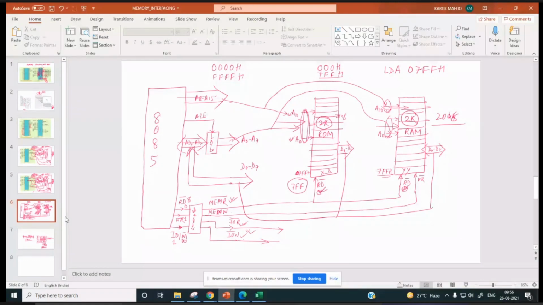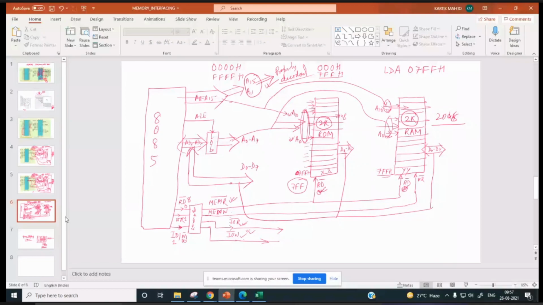And whatever address lines or address pins are not being used, here in this case A11 to A15, these unused address pins have to be properly decoded to give a unique address to each and every location.